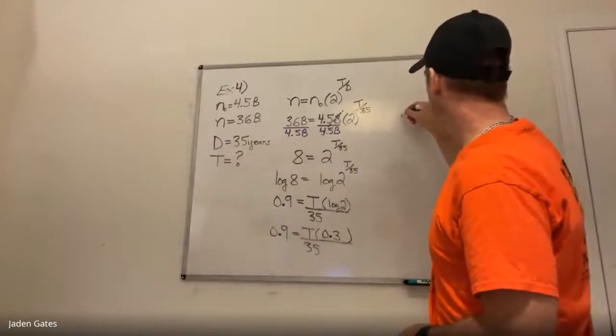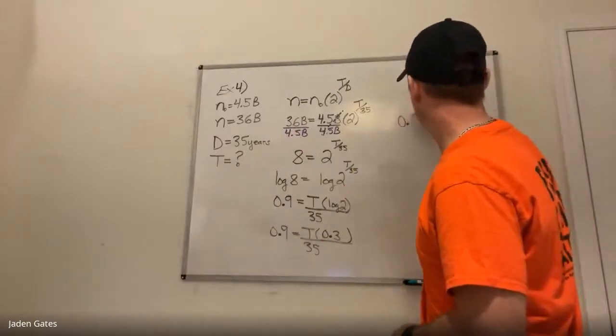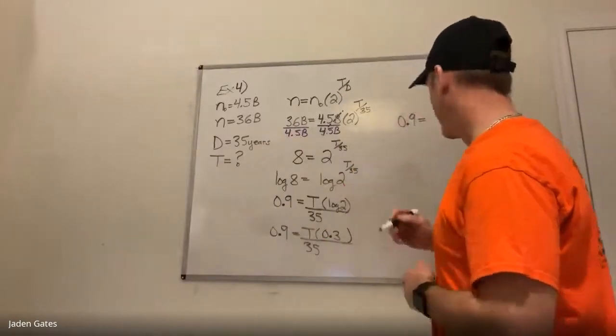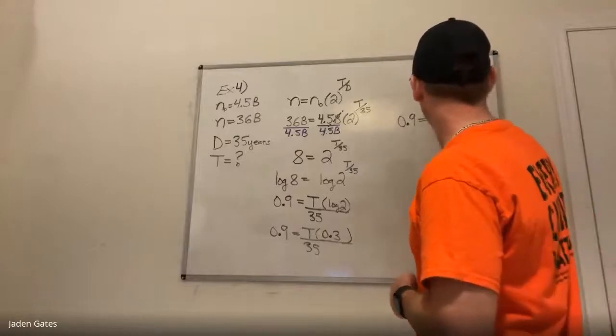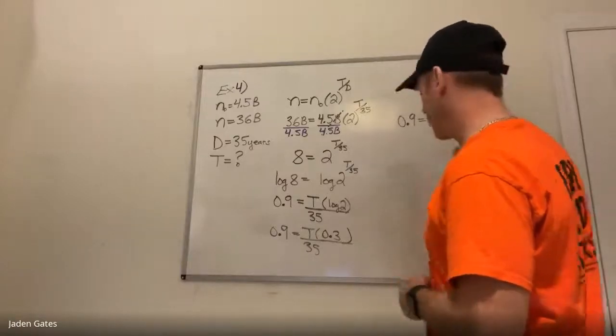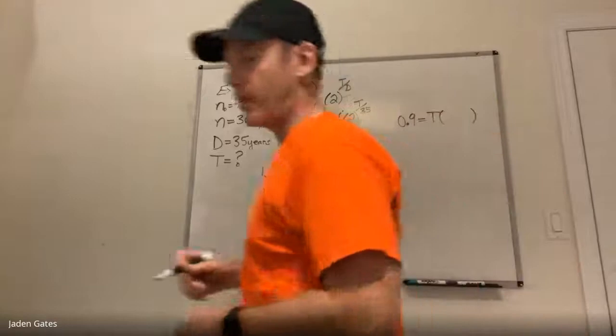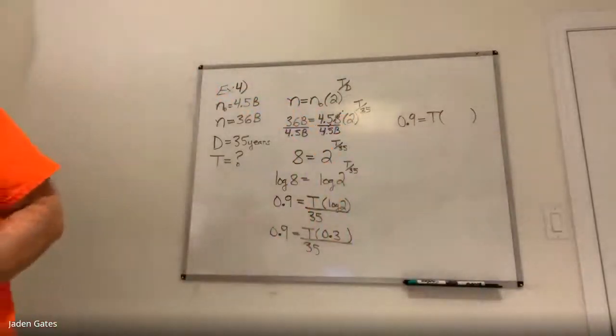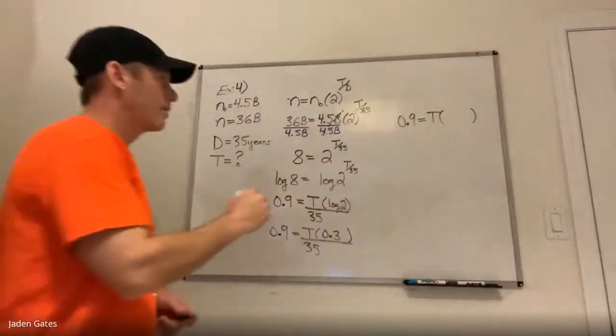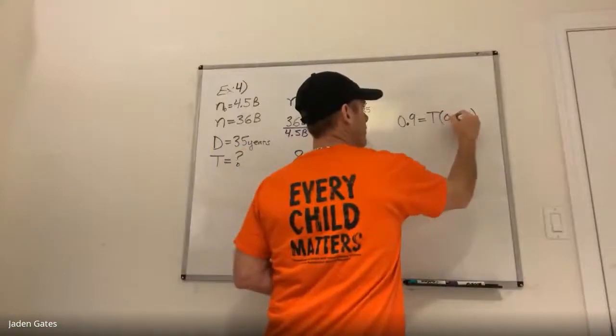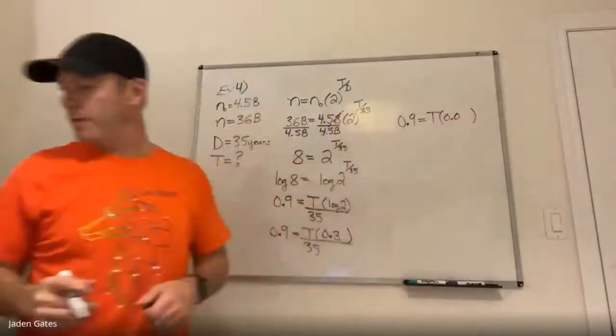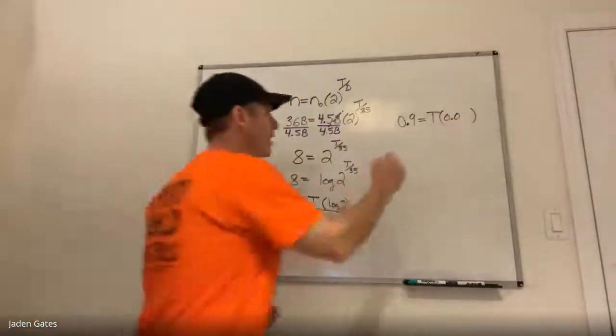And so I've got 0.9 is equal to 0.009 t. I take those two numbers and divide them. What am I going to get here? So I divide them, I get 0.0, how many zeros did I get there, 0 again, 9.